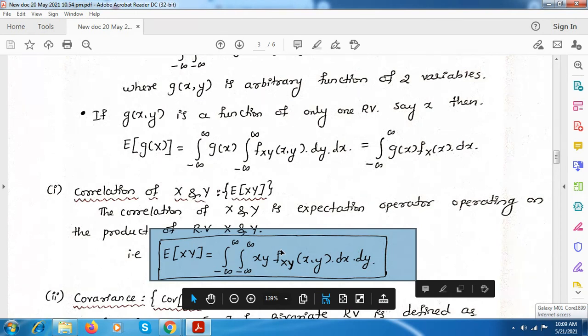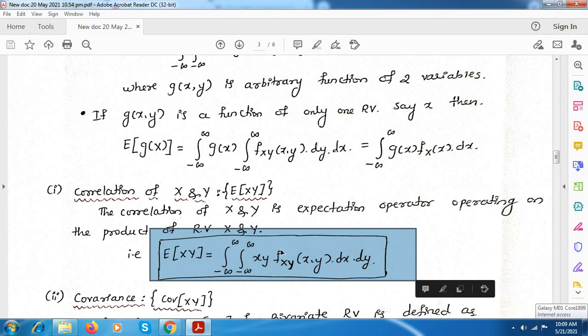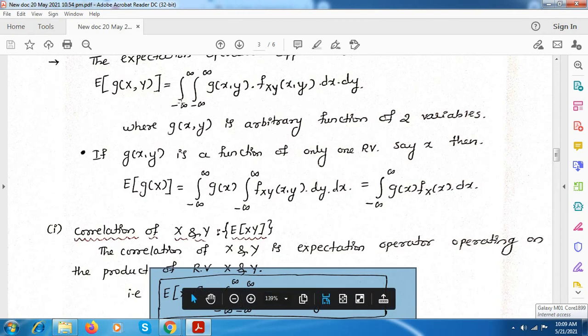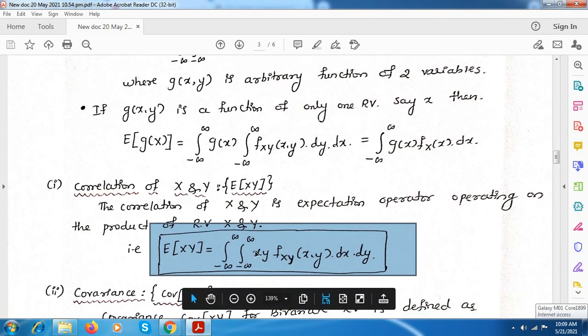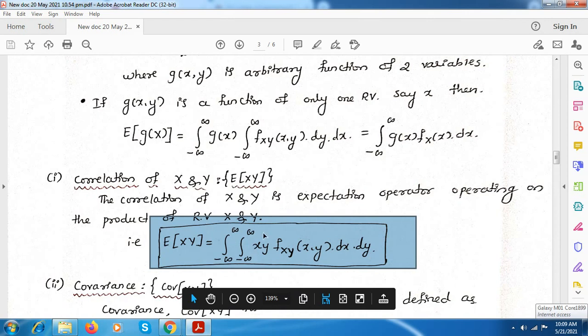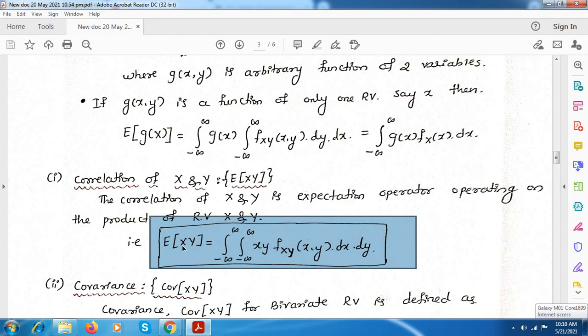So take down this equation. It is the same, but here it is generalized by using x and y random variables. This is the joint PDF. Here you have x and y random variables. In the first module, we used to write E of x itself. Here we have two random variables, so here it is E of x comma y.